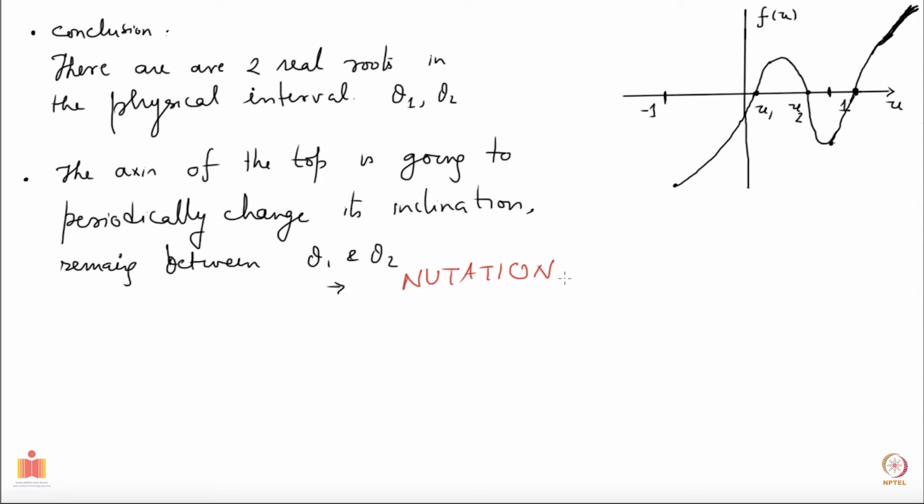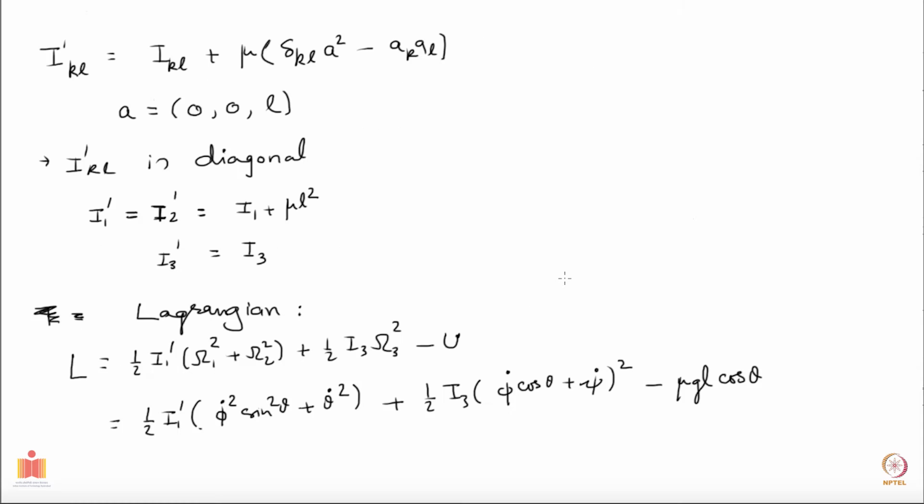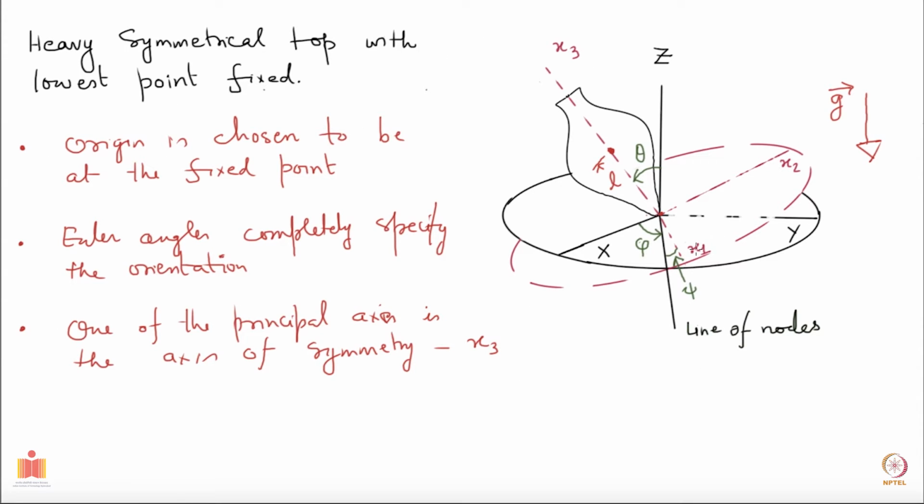Okay, that's good. Let's talk more now about the azimuth of the axis. We have an equation for phi dot, which tells you about the azimuth. So this is giving you the azimuth of this axis of the top, and this is what we want to know now.